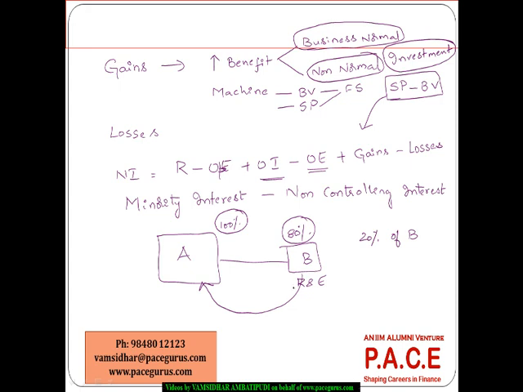The 20% of the profits of B for that particular year, which does not belong to A, is what we call the minority interest.